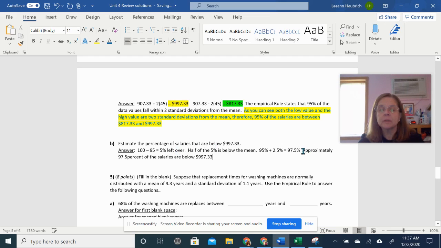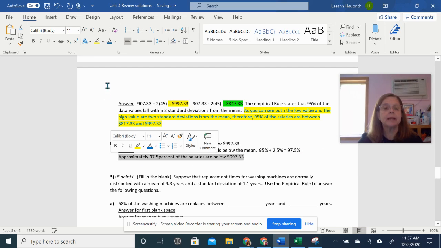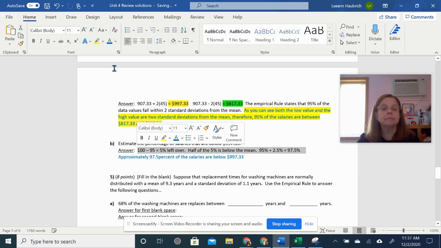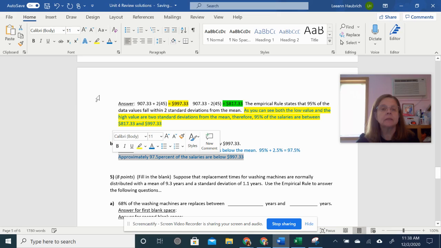So where did I start this question? Right here. So this is the actual answer. So I will change it to blue. This is the work to get to the answer. And then maybe I'll just highlight this so it really shows out.